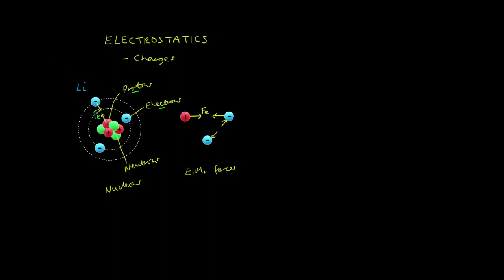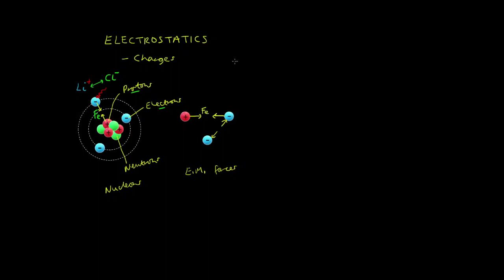And if we ionize one of these electrons, so if you fire some electromagnetic radiation to pop that electron off, then what we get is a lithium plus ion, which is positively charged. And then this lithium ion can attract other ions. So for example, a negatively charged chlorine ion, and these can form an ionic compound with each other due to the strong electrostatic force between them.